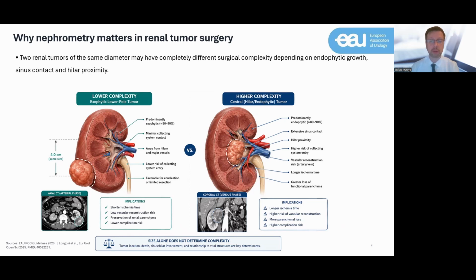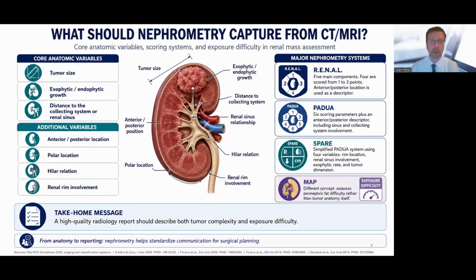Two renal tumors of the same diameter may have completely different surgical complexity depending on endophytic growth, sinus contact, and hilar proximity. Size alone does not capture the risk of collecting system entry, vascular reconstruction, ischemia time, or parenchymal loss.